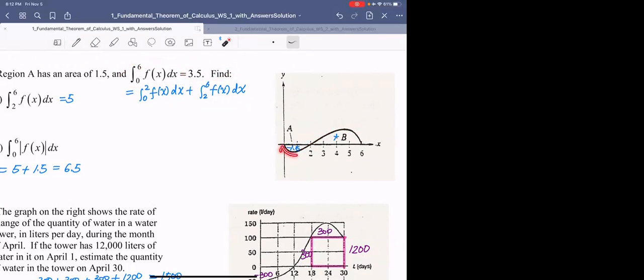So you can split this into 0 to 2 and 2 to 6. How much is this? What should you put here? I think it's negative 1.5. Negative 1.5. So you are looking for this one.